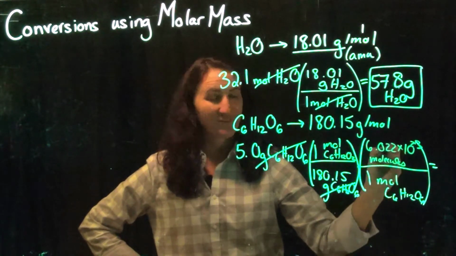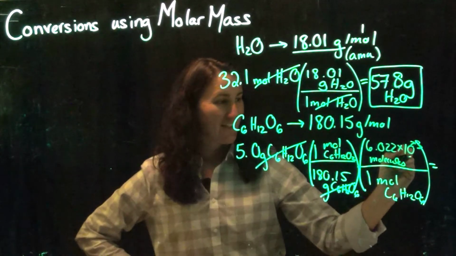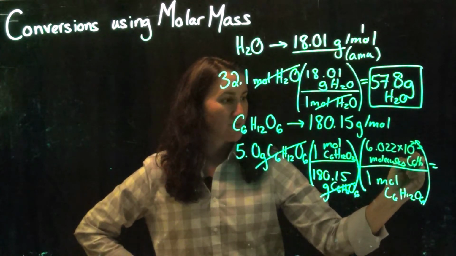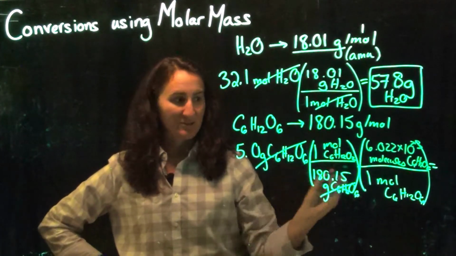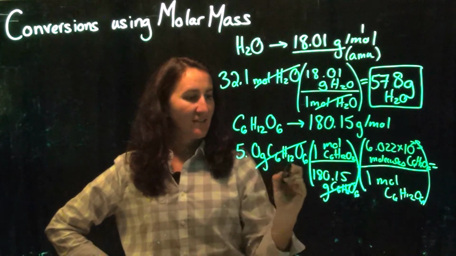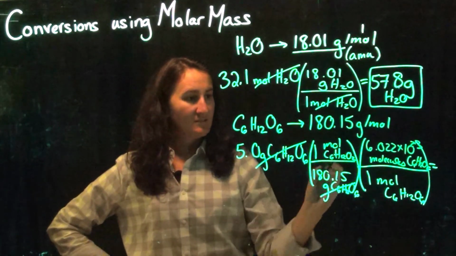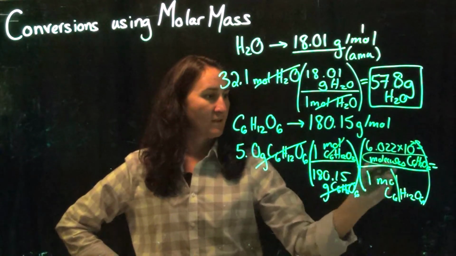And do not abbreviate that as moles, M-O-L. That's not okay. You have to write it out. Don't abbreviate molecules. There are abbreviations for most stuff in chemistry, but you'll get yourself confused. All right, so now let's check and see if we're good. Grams have canceled. Moles have now canceled, leaving us with molecules.